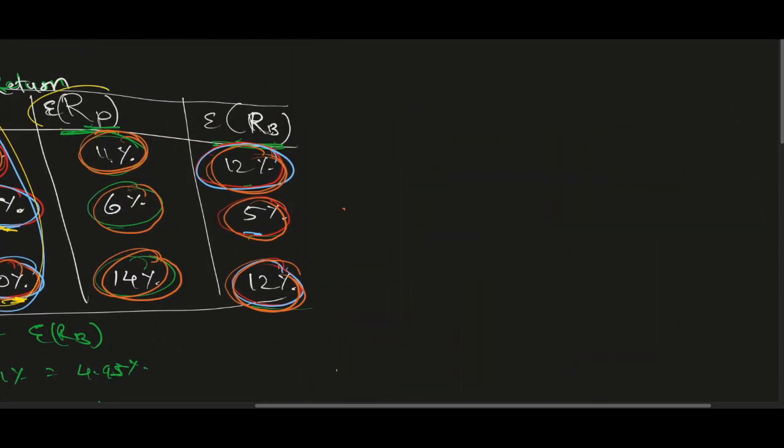So return of the portfolio is here, return of the benchmark is here. That means 11 minus 12%, 6% minus 5%, 14% minus 12%.